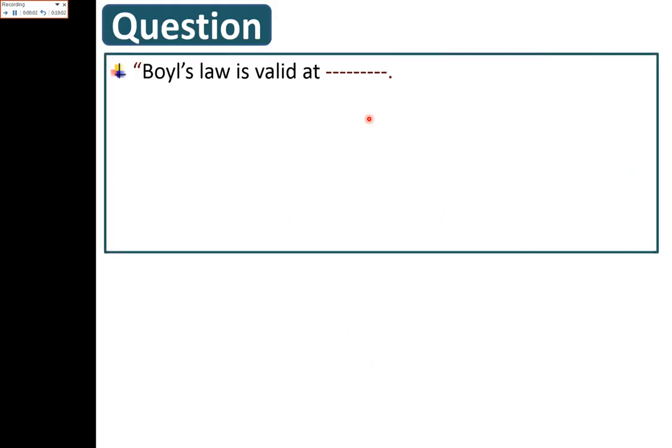Similar question: Boyle's law is valid at. Actually, Boyle's law is describing the ideal behavior. So this is the same question as if I asked you when the ideal behavior is valid.